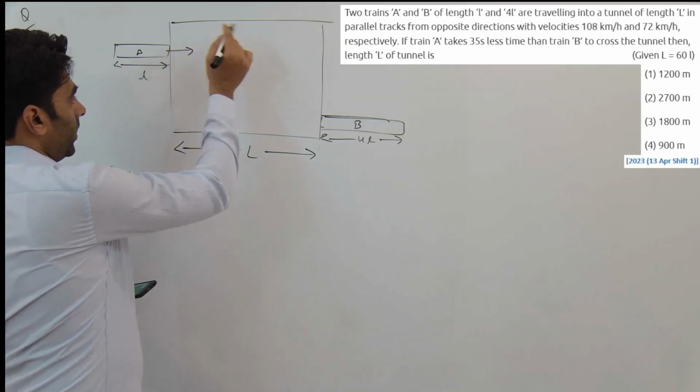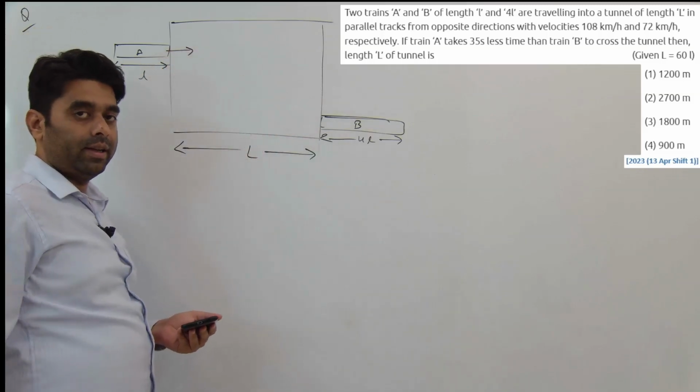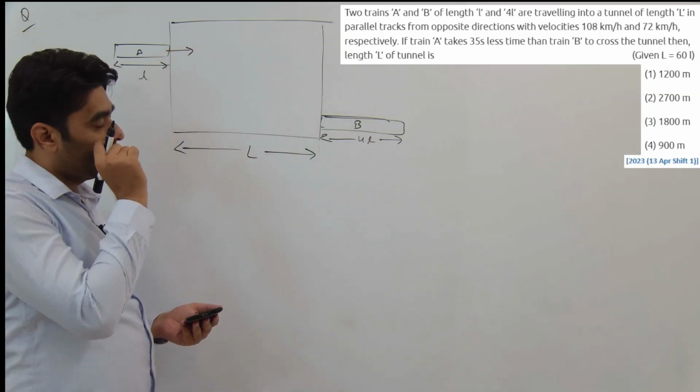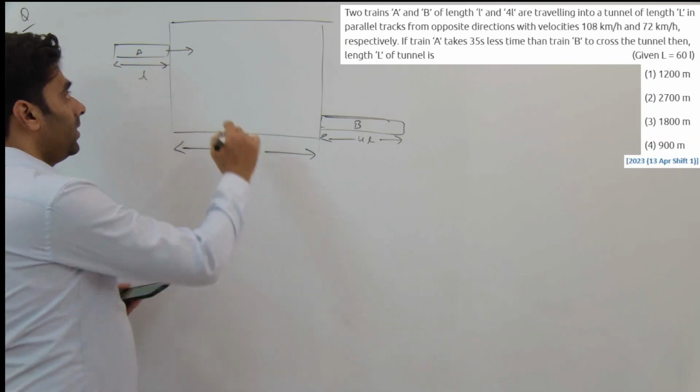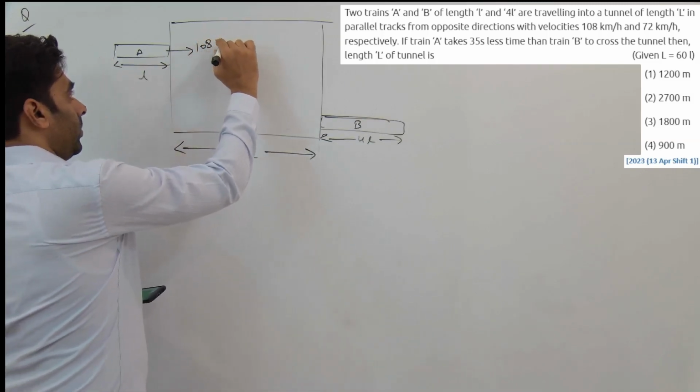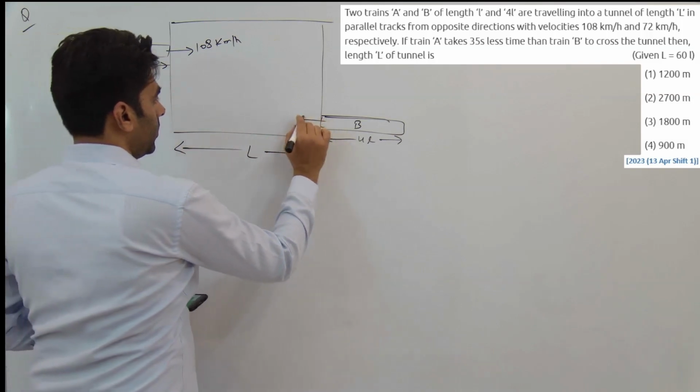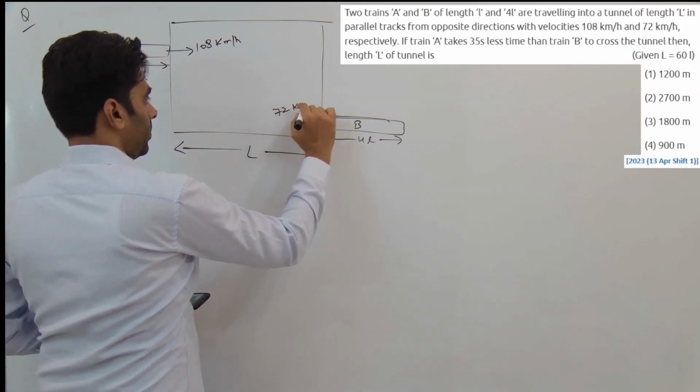They are entering in opposite direction on two parallel tracks, and their speeds are 108 km per hour and 72 km per hour.